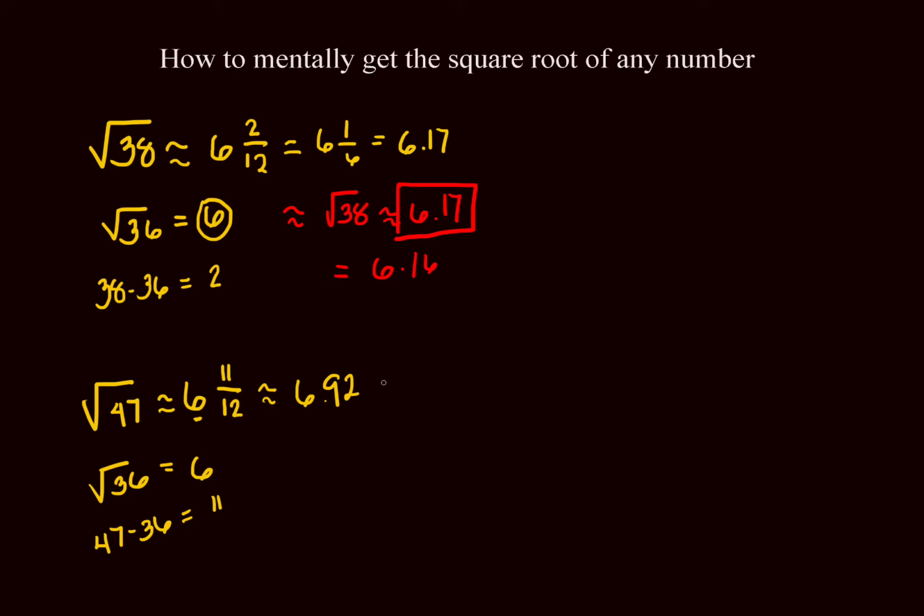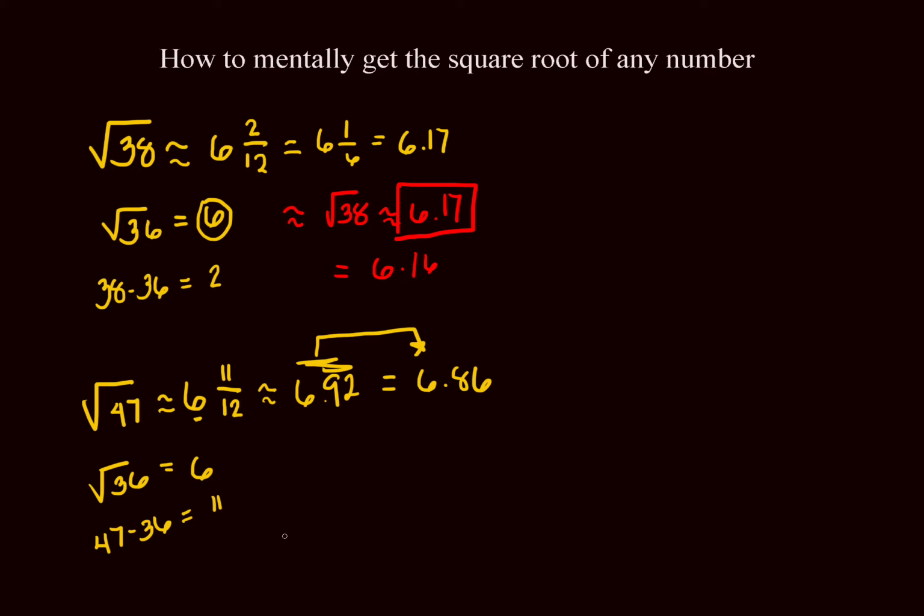Now, the actual value for the square root of 47 is actually equal to about 6.86. So again, guys, 6.92 is a very good approximation for our actual value of the square root of 47, which is 6.86.